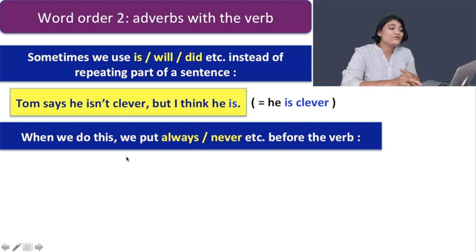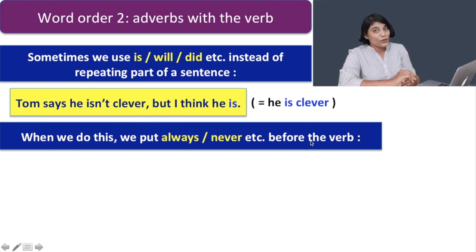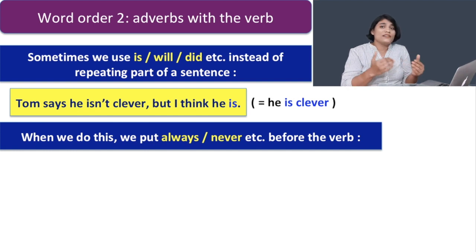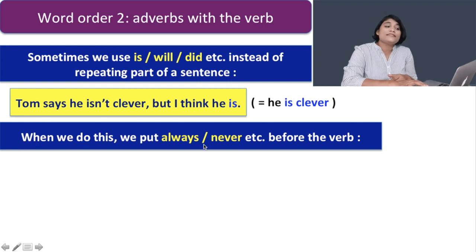When we do this, we put always, never, etc. before the verb. This is the rule. If we only use is, did, will, etc. without repeating the whole part of the sentence, we put always and never, etc. before the verb.